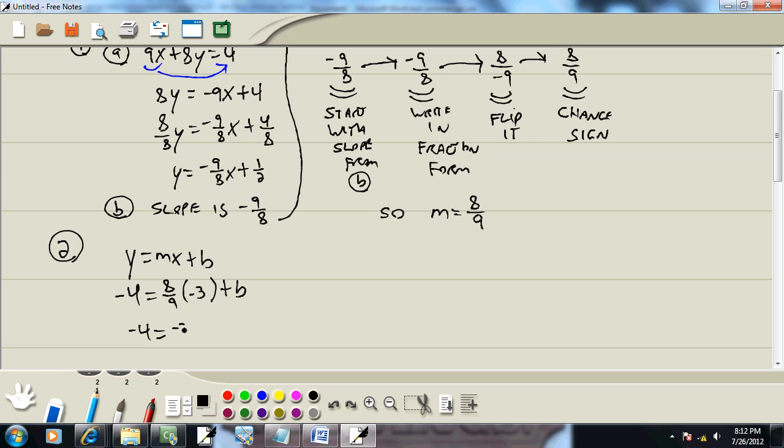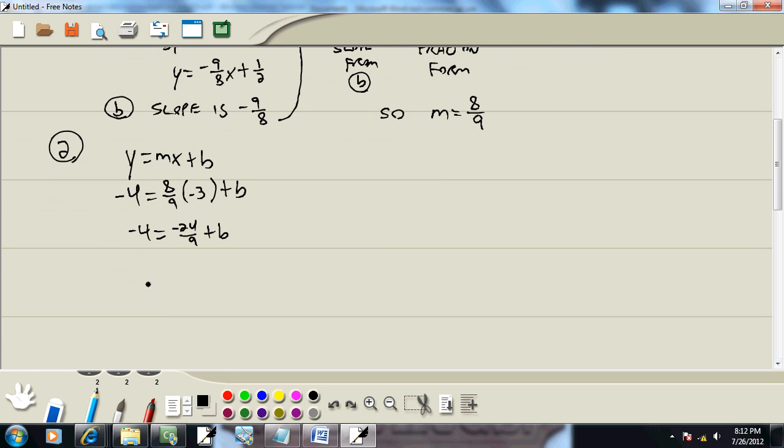Well, 8 times -3 is -24/9 plus b. And that reduces. Top and bottom both divisible by 3. That gives me -8/3. So -8/3 plus b.